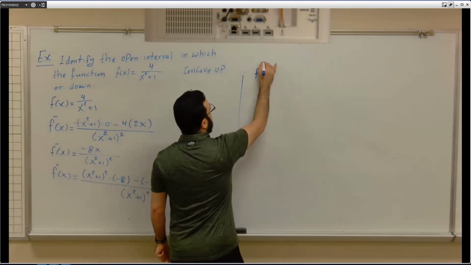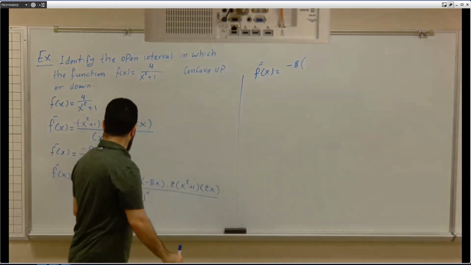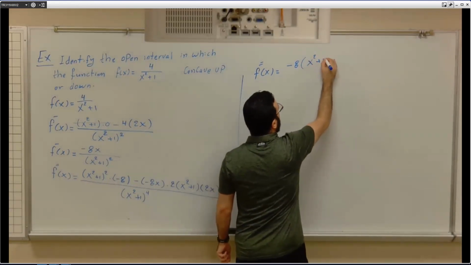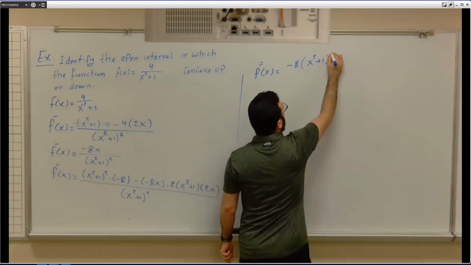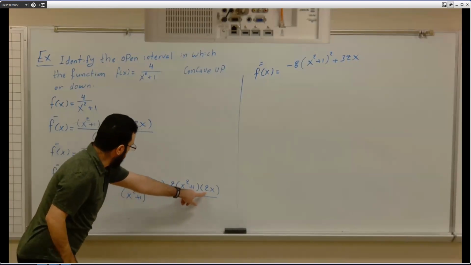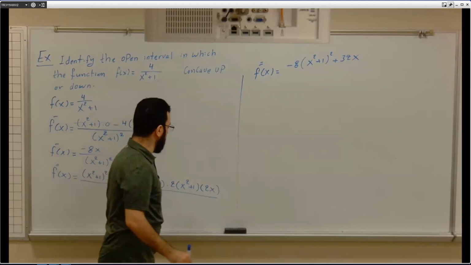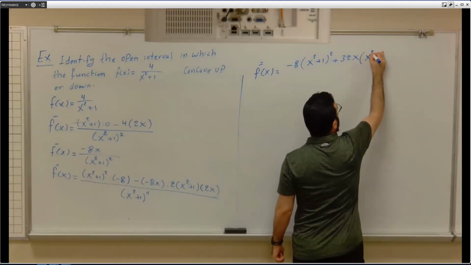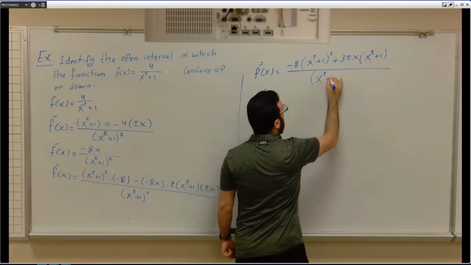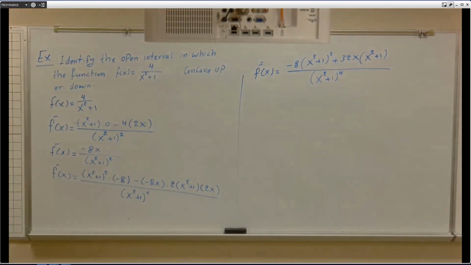That means f double prime of x is going to be negative 8 times x squared plus 1 squared, plus 32x, multiplying negative, positive: 8 times 2 times 2 is 32x, times x squared plus 1, everything divided by x squared plus 1 to the 4. Now we need to simplify it more. Yes or no? How are we going to simplify it?